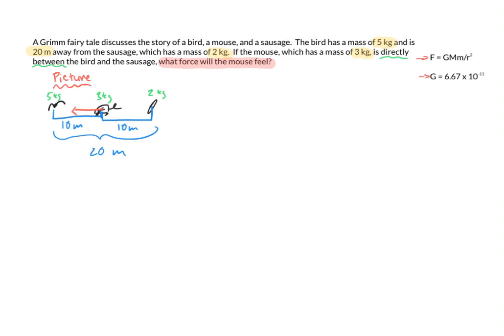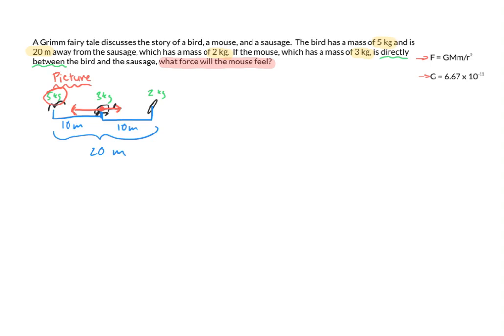And we can even figure out which of our two arrows should be bigger, because we know that this 5 kilogram bird is going to have a stronger gravitational pull than our 2 kilogram sausage. So I'm going to draw my sausage arrow a little bit shorter. So we have the force of gravity to the left of the bird on the mouse, and we have the force of gravity to the right of the sausage on the mouse.